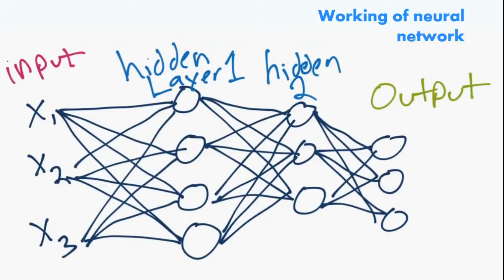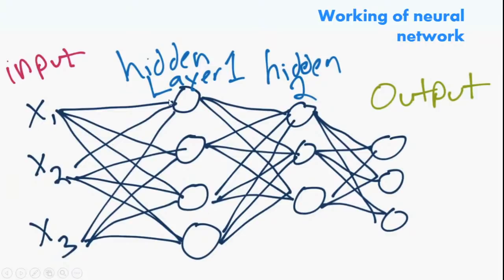Every human being has a separate, unique fingerprint. In the same way, x1 and hidden layer 1 have some weight, and like that we have different weights for each connection in the fully connected layer.